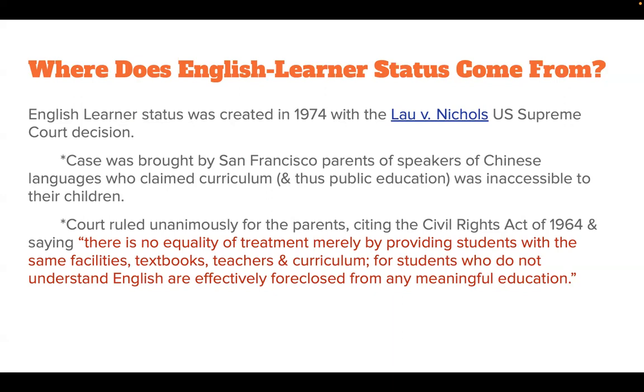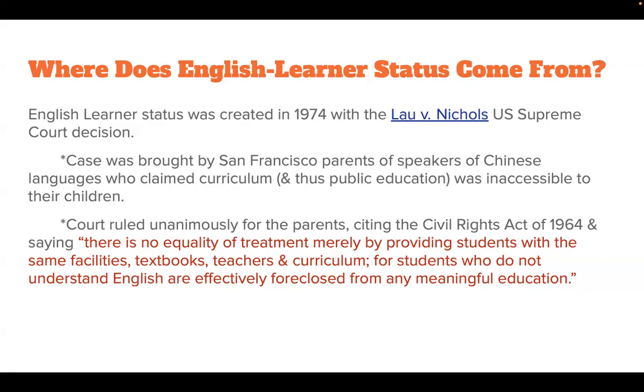They can't understand what's going on, and their education is inaccessible. And so that went all the way to the Supreme Court, and the Supreme Court sided with the parents unanimously. And they cited in doing so the Civil Rights Act of 1964, which prohibits discrimination based on nation of origin, and a proxy for that is language.